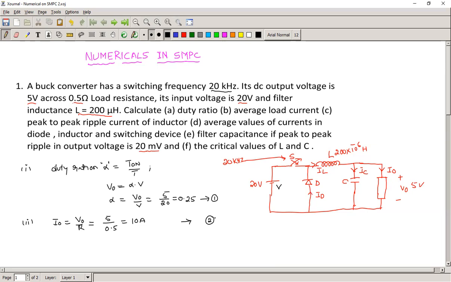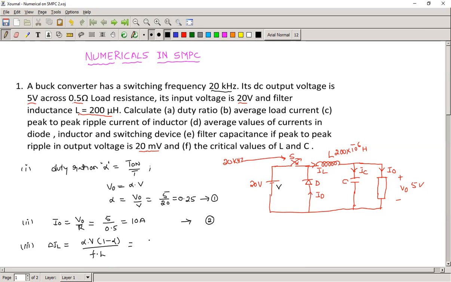The third one is the peak to peak ripple inductor current, delta I. In the buck converter, already we derived the expression for delta IL. Delta I equal to alpha into V into 1 minus alpha divided by F into L. We know all the parameters, so substitute.